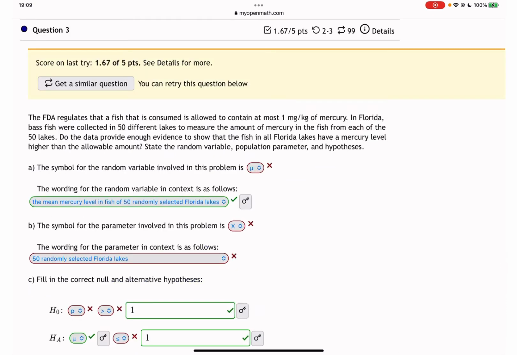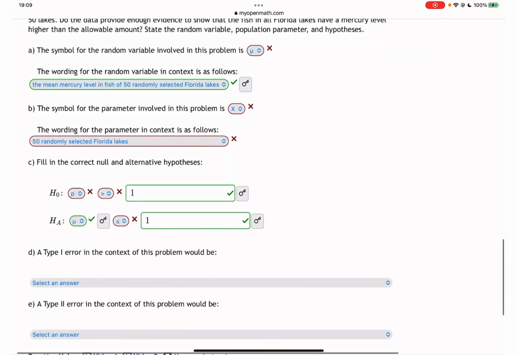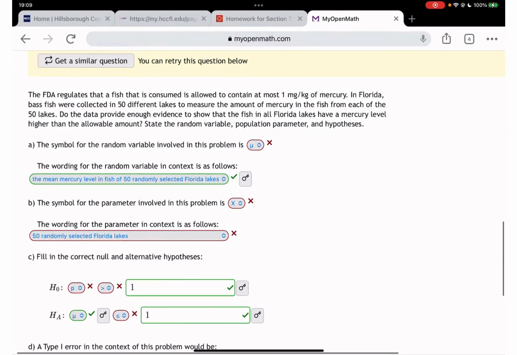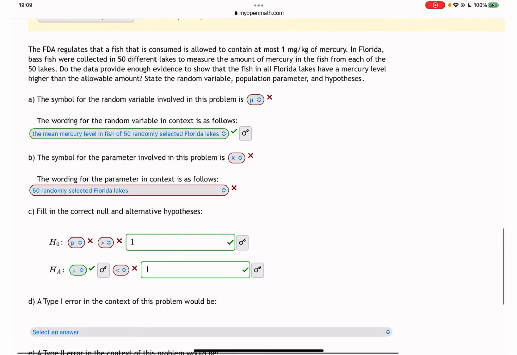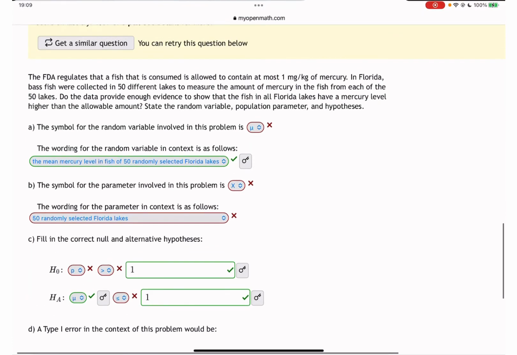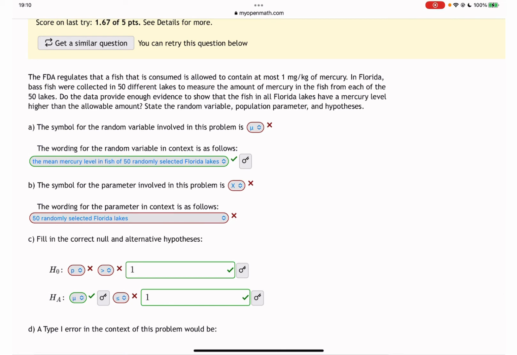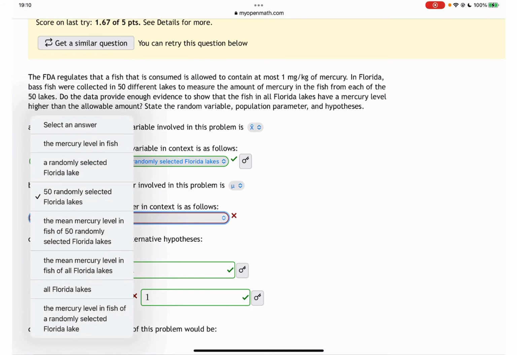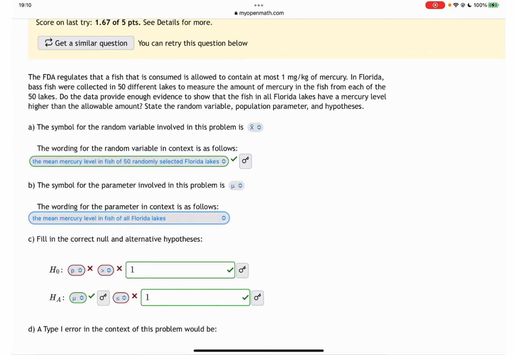Let's check so far what we have. This is ridiculous. I put X bar here and mu here, and here it's from 50 randomly selected lakes, all Florida lakes.